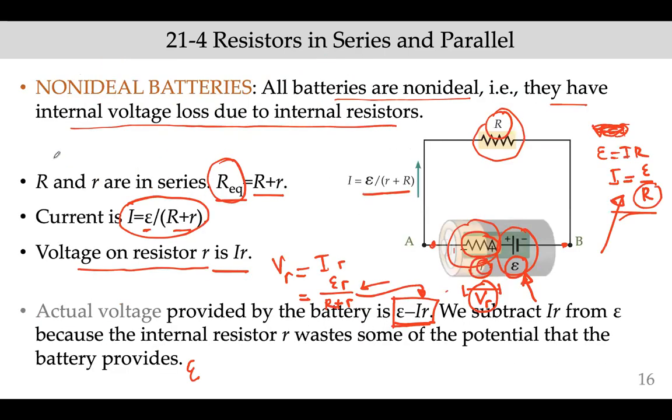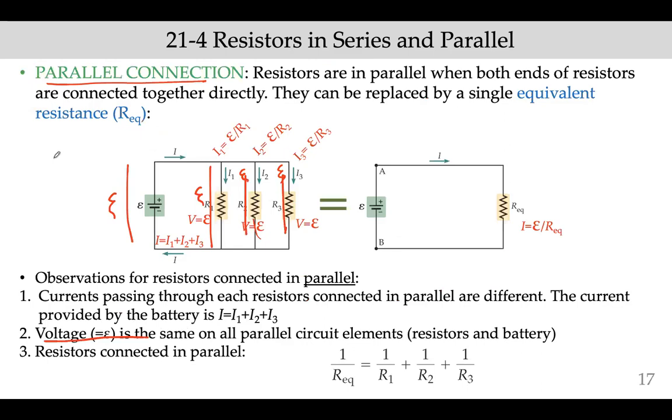But if you do parallel connection, now the voltages are the same in all parallel sections of the circuit, but now currents are different, I1, I2, I3. So these three observations are important for both series connection and also parallel connection.